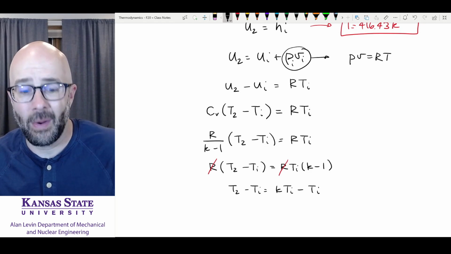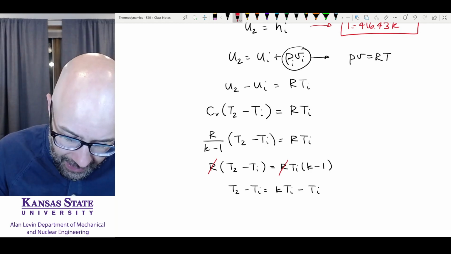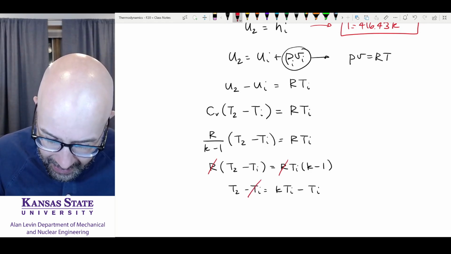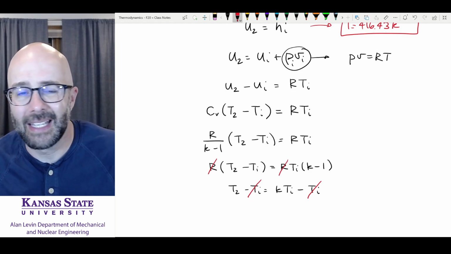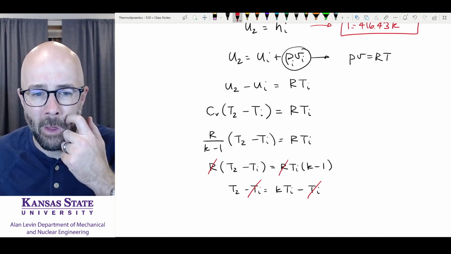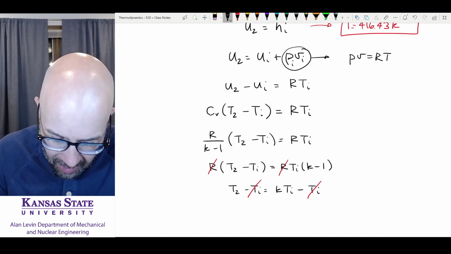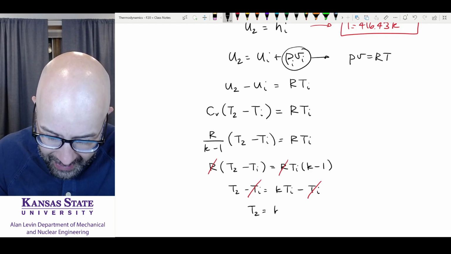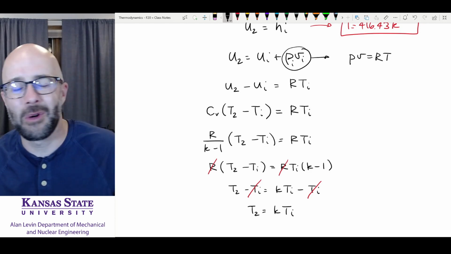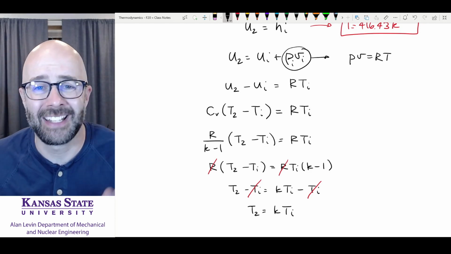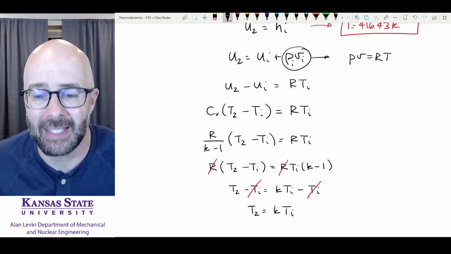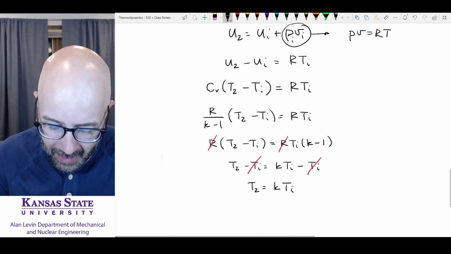Now I see that this Tn and this Tn will cancel if I add Tn to both sides. And I'm left with T2 is equal to K times my temperature in. All of that work got us down to this very simple equation, that T2 is equal to K times Tn.